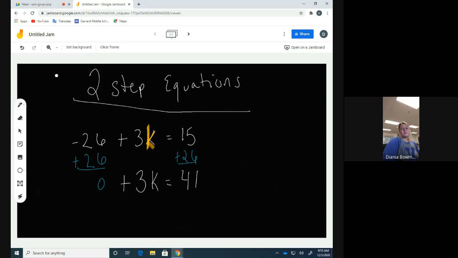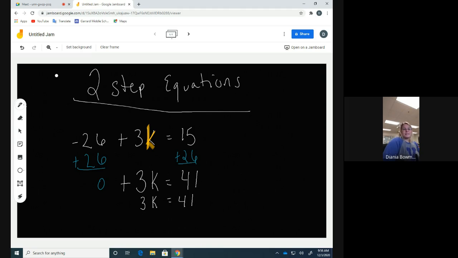Do we actually really write those? If we do write them, it's okay, but we don't have to. So when we really write it, we would only write 3k equals 41. So now I still have k with a 3 multiplied by.